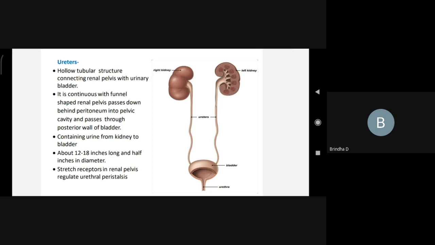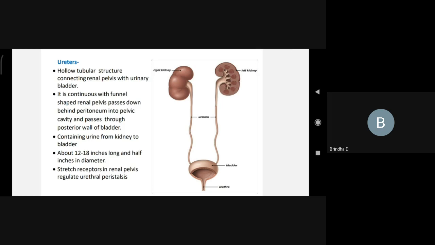So ureter is the hollow tube that connects renal pelvis with urinary bladder. It means the waste created by kidney is collected by ureter and stored in urinary bladder, and this transfer is done by these ureters.